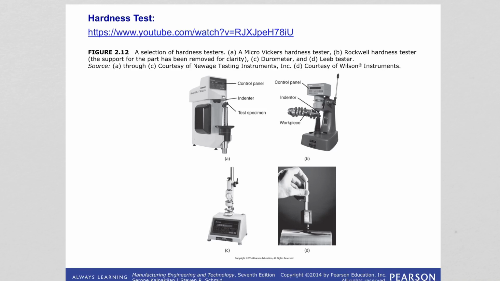The most common ones are given here, like the Vickers hardness test, Rockwell hardness, durometer, and Leeb test. The Leeb is usually a portable device for testing large work pieces, and durometer is usually a technique for measuring hardness of rubbers, plastics, and soft, elastic non-metallic materials.